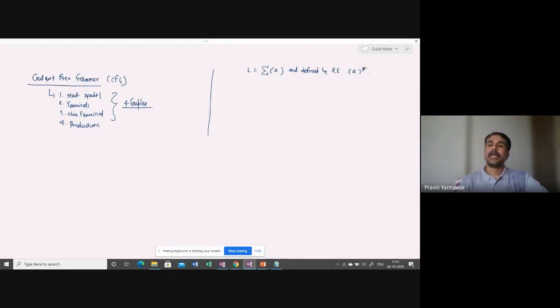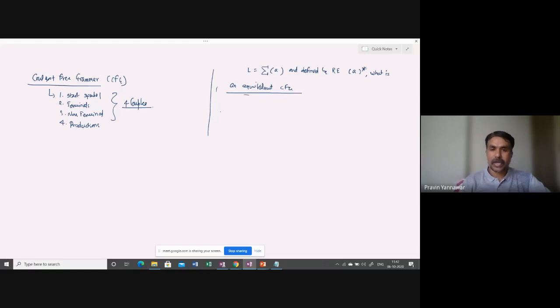Okay, then can we figure out what is an equivalent CFG? Right? What is an equivalent CFG for us? Okay, so let us try to understand that here.